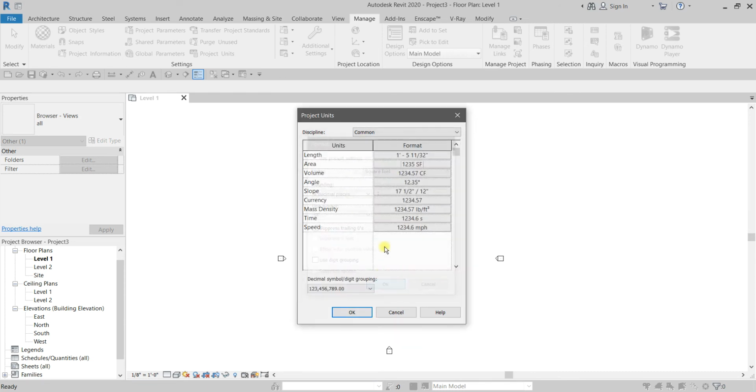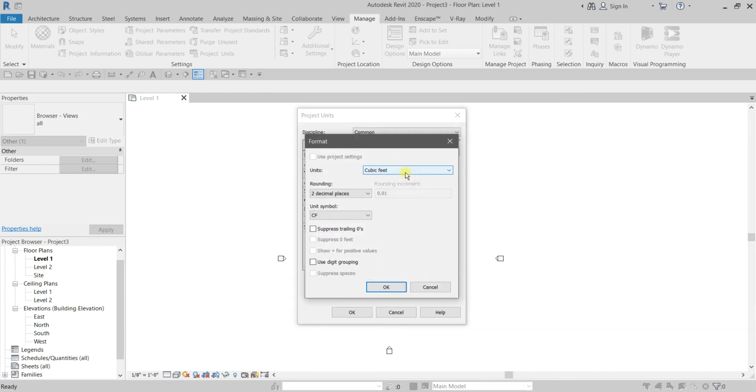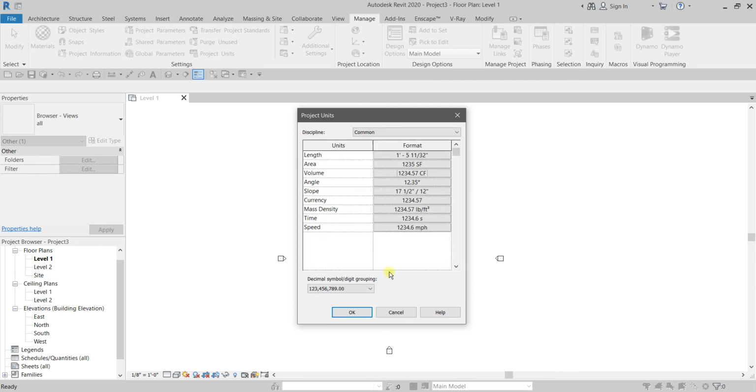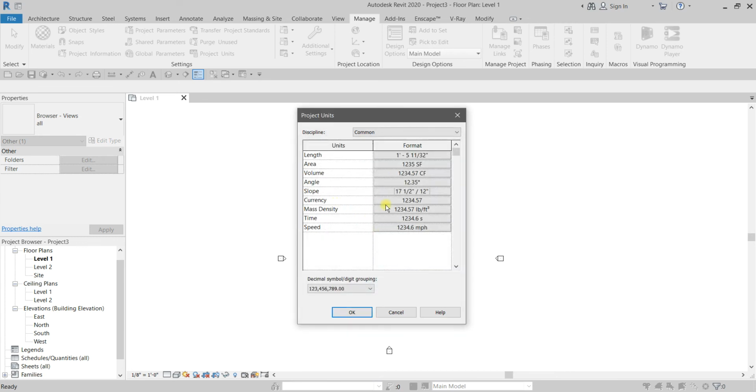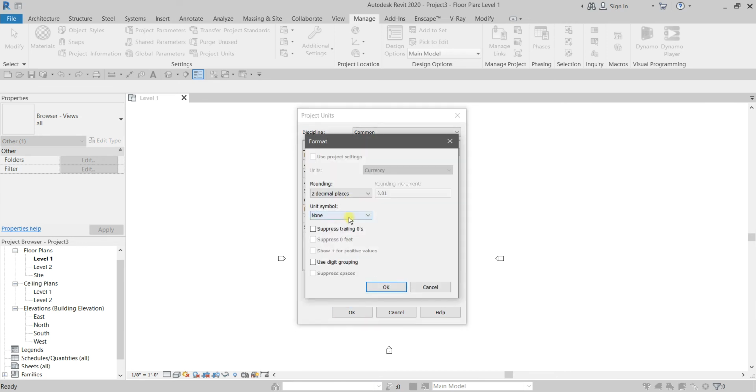Under volume too, I'll leave it as is. Under slope, we leave it at rise per inches, and for currency, we can choose to use the dollar symbol.